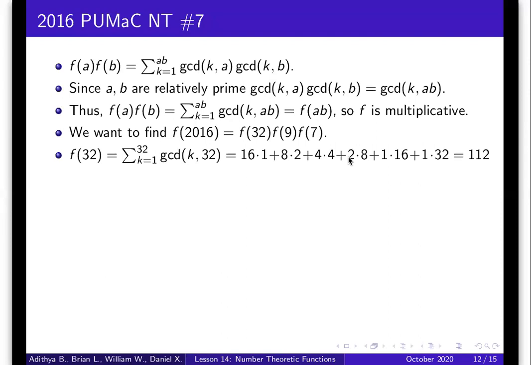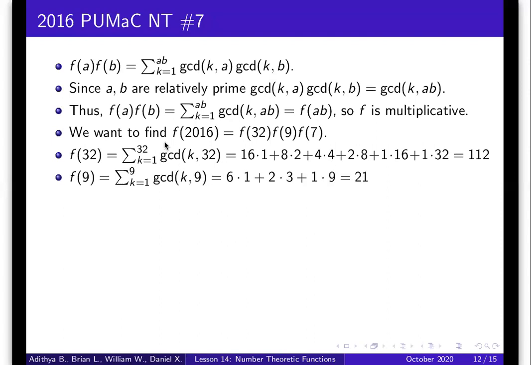For example, f of 32, we can find by noting that there are 16 odd integers, so 16 of them will have a GCD of 1. There are 8 integers that are divisible by 2 but not 4, and so on. We can just add up all of these terms, and we get 112.